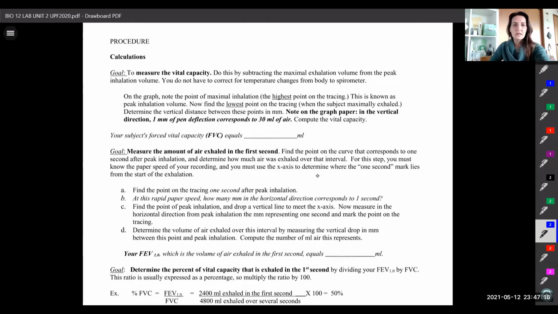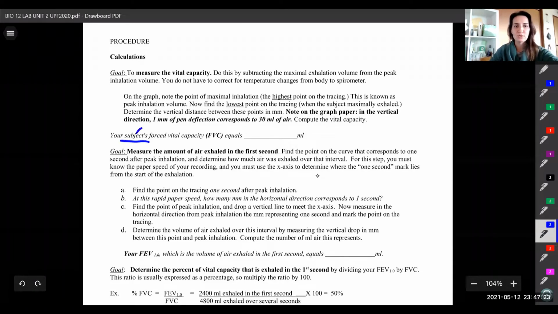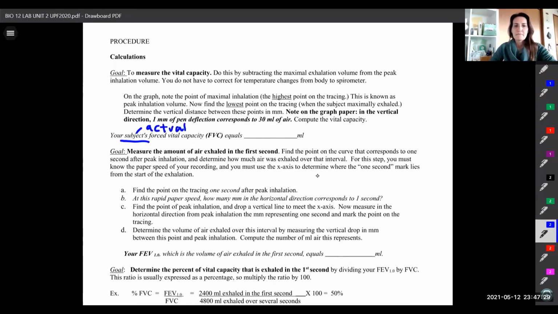So for instance, here we're walking through the steps to do the calculations, and your subject is the actual, which is the bottom diagram. Actual. And we want the forced vital capacity measurement here. So whatever you got for the forced vital capacity measurement, you're just going to write it here.